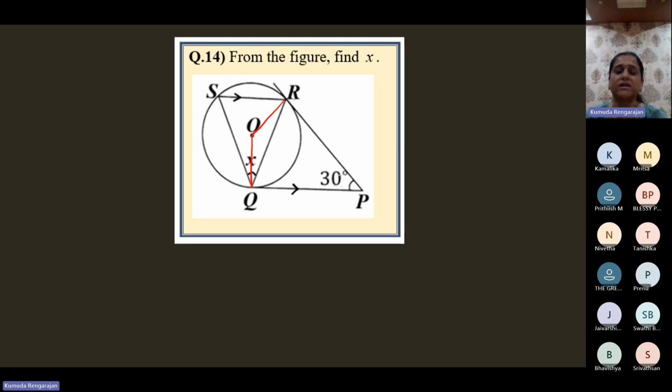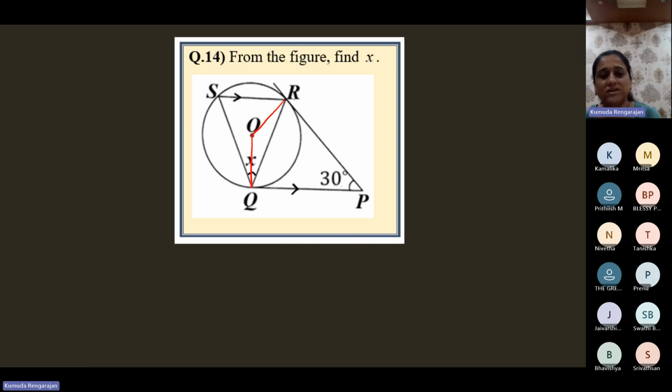Now, this quadrilateral is a cyclic quadrilateral, that is, a different circle can be drawn passing through these 4 points. From this figure, we know this result.